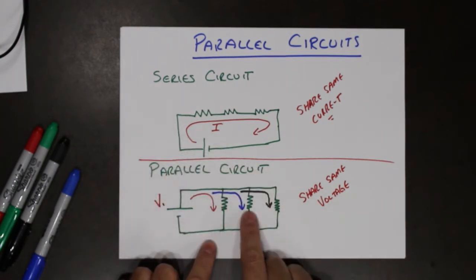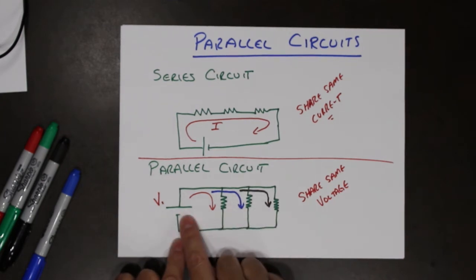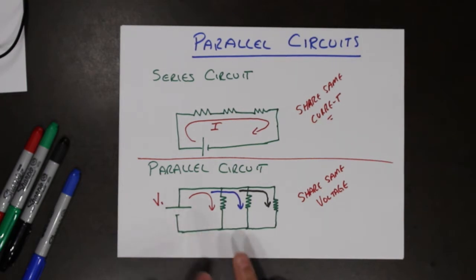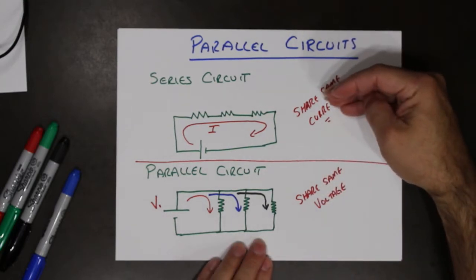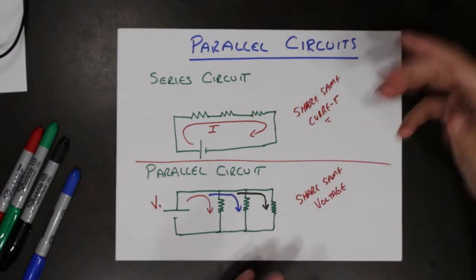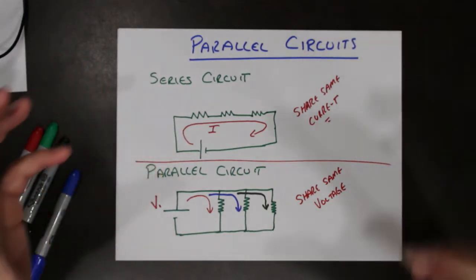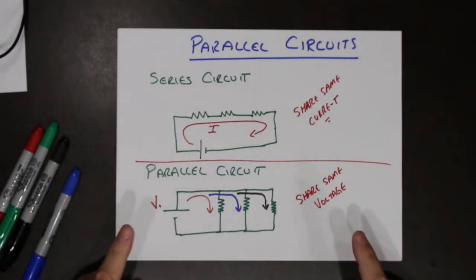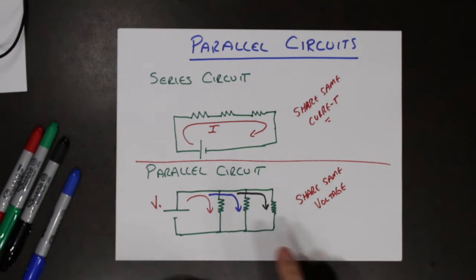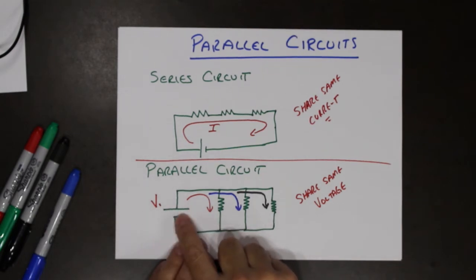So all three resistors share the same voltage. Now it doesn't mean, like I said in the last one, it's not the same value necessarily or only, it is the same voltage. So they share that voltage.